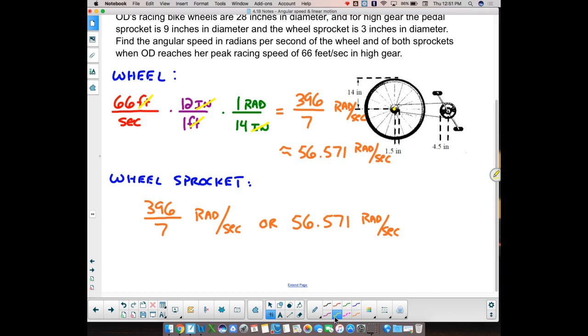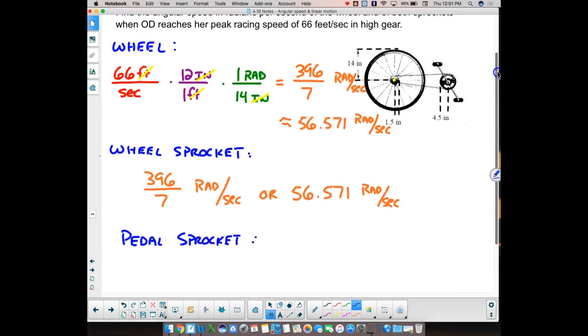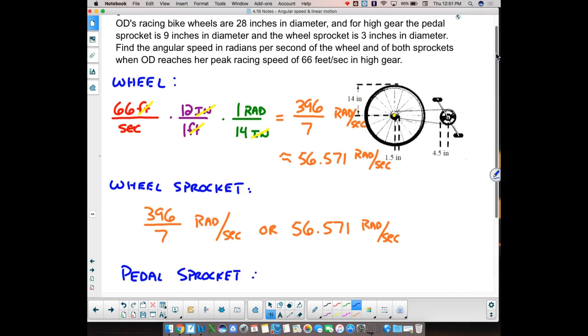Now, we've got the pedal sprocket. How am I going to get from the wheel sprocket to the pedal sprocket?